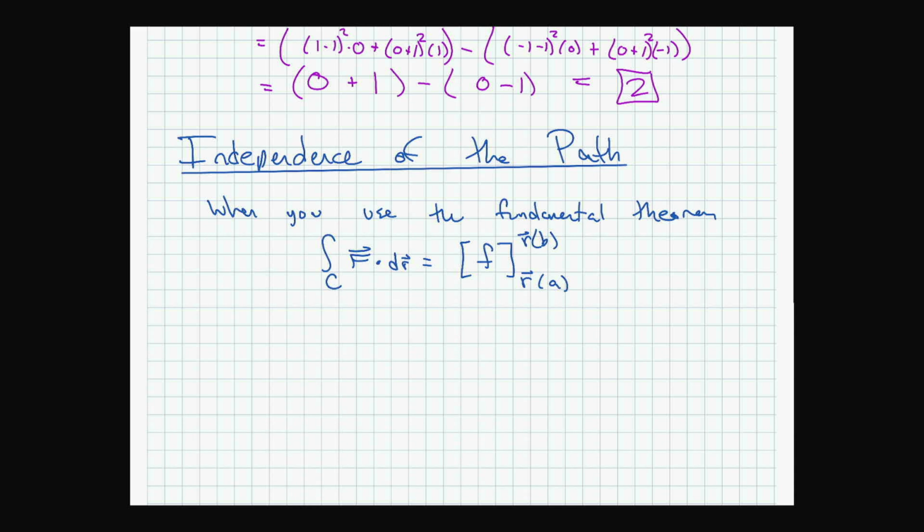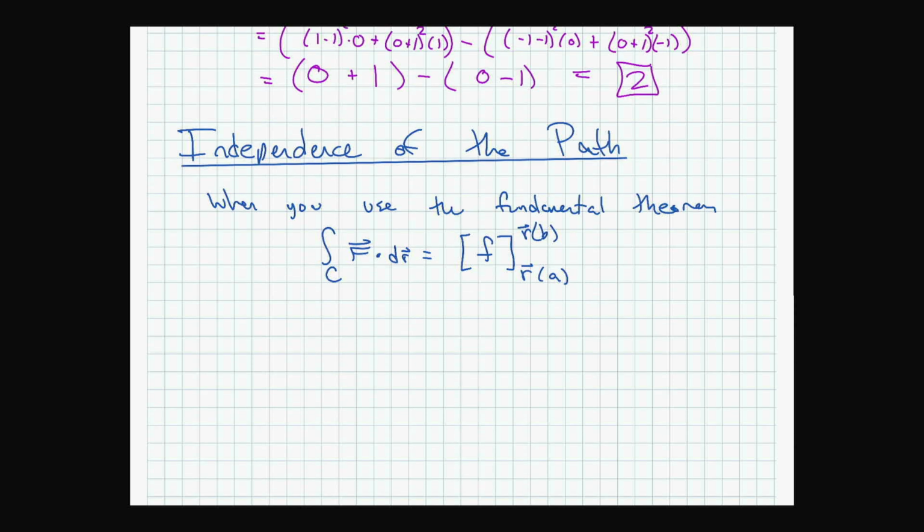The curve doesn't matter. It's just the starting point and the ending point, right? The r of a and the r of b are the starting point and the ending point of the curve. We don't use any of the rest of the curve.